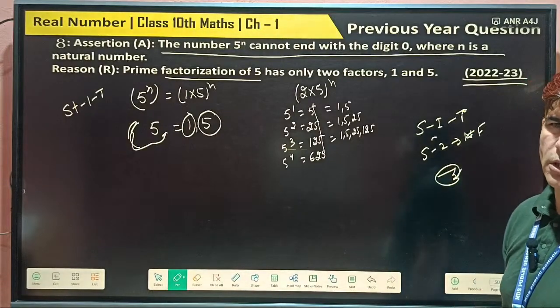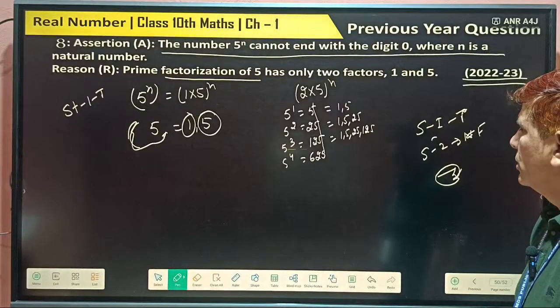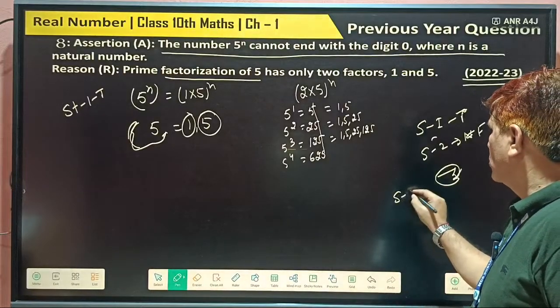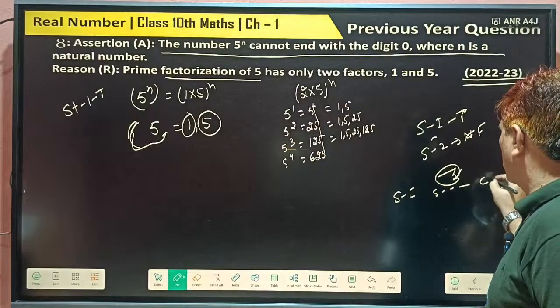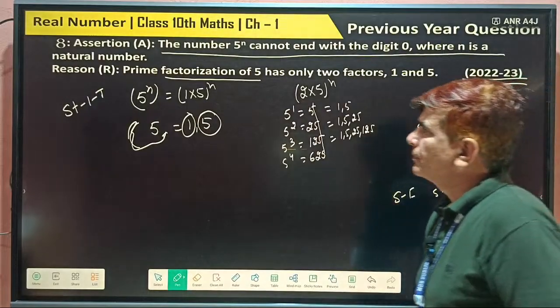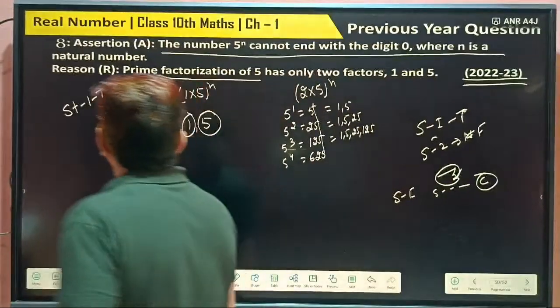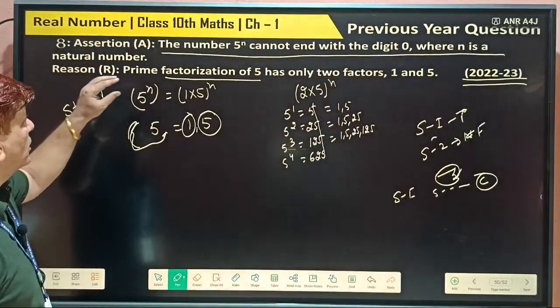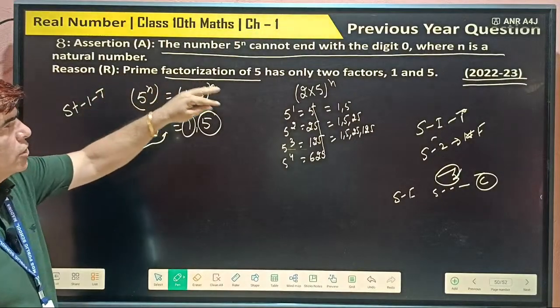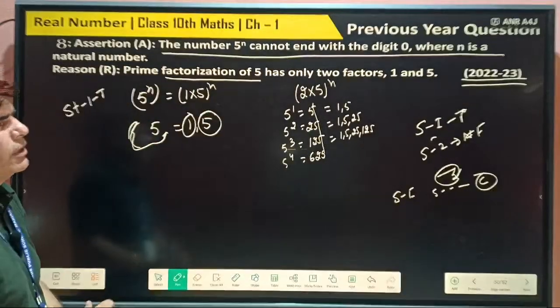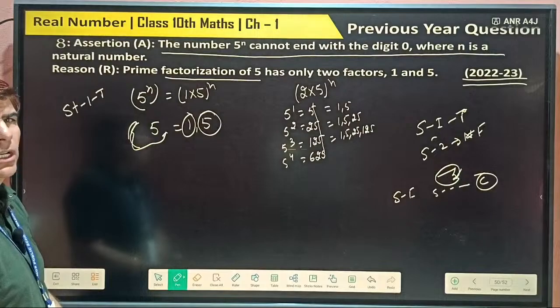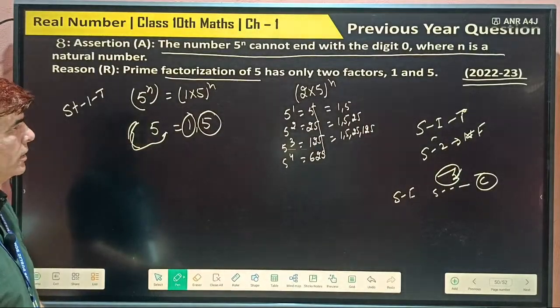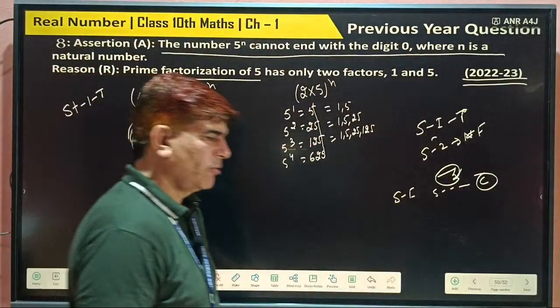A is not your answer, B is not your answer. In option C, statement 1 is true and statement 2 is false. So your answer is C. One more thing: the prime factorization of 5 does not contain 2. So you can understand this.